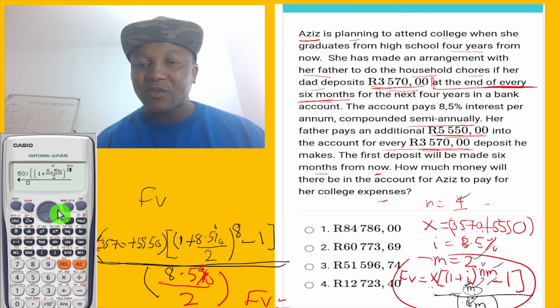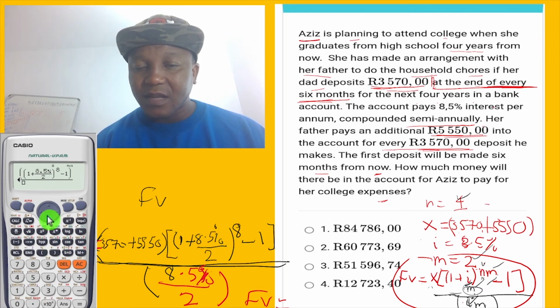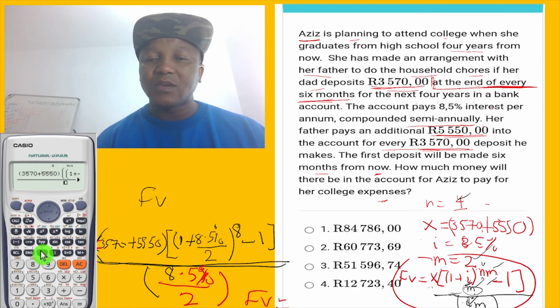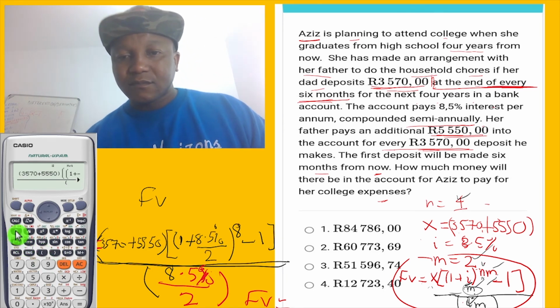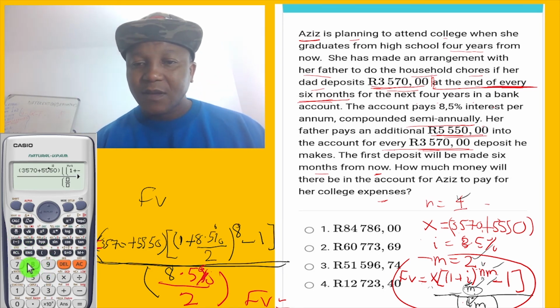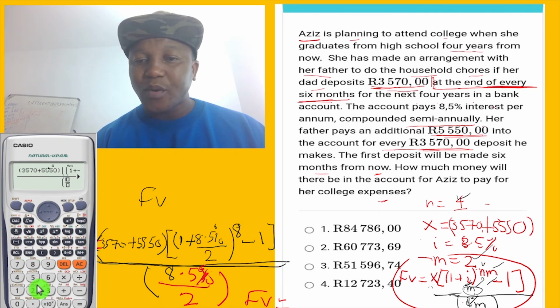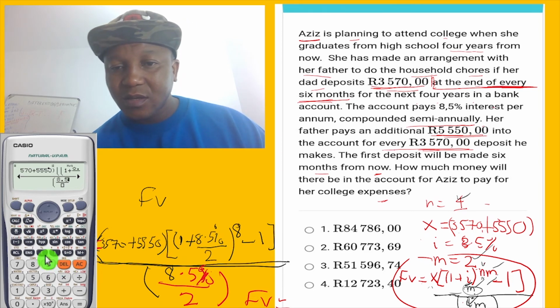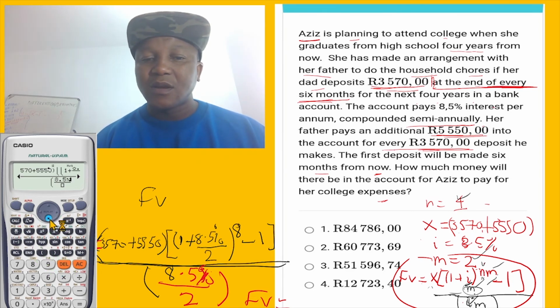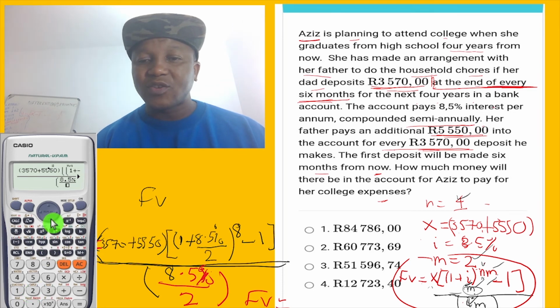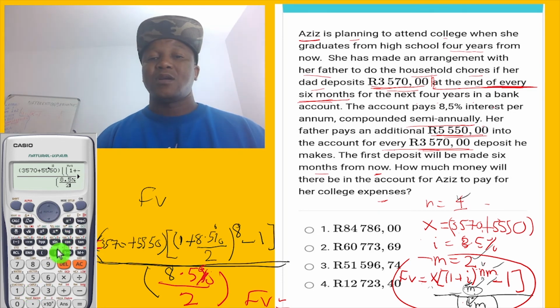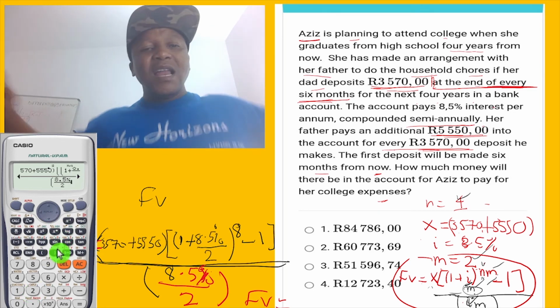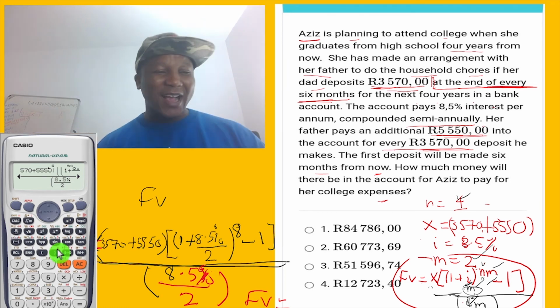Come right here, move to the right, minus 1, and then close the bracket, and then go to the bottom and close the bracket. Now you go to the fraction. Let's say 8.5 percent. Go to the bottom, 2. You go to the right, and then you close the bracket. Let's get the answer.